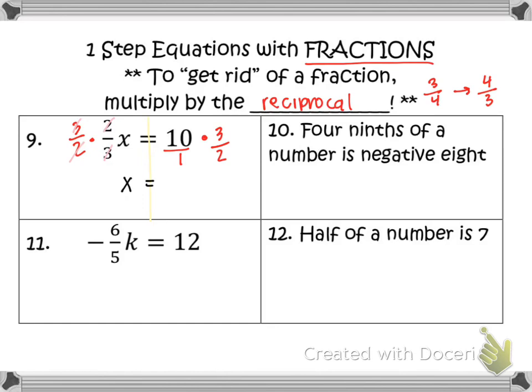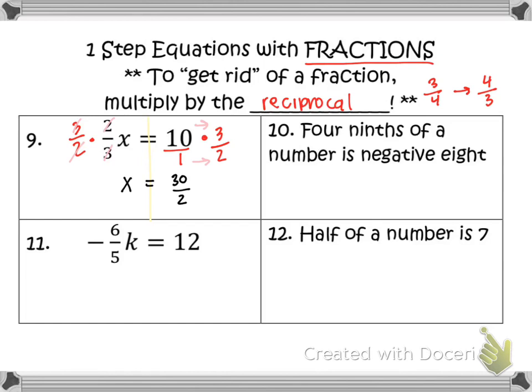And then on the right side, when I multiply 10 over 1 times 3 over 2, there's a couple ways of going through this, but I'm just going to go ahead and multiply straight across. That's going to give me 10 times 3, which is 30, and then 1 times 2, which is 2.